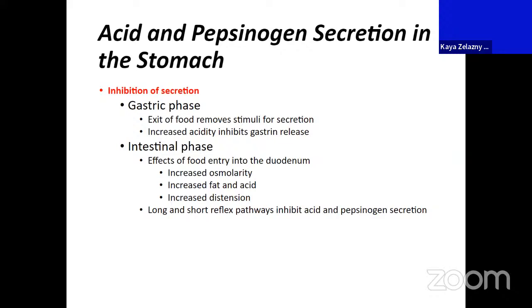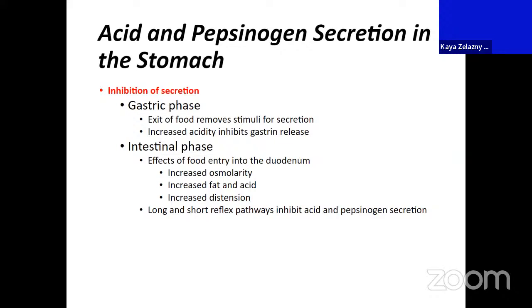So that exiting of the food from the stomach, particularly our protein products, as well as the shrinking down of the stomach, we might sense. Okay. So as that happens, we are going to notice now that we don't have stuff to get broken down, if we keep producing acid, we'll see that the acidity of the stomach is increasing.